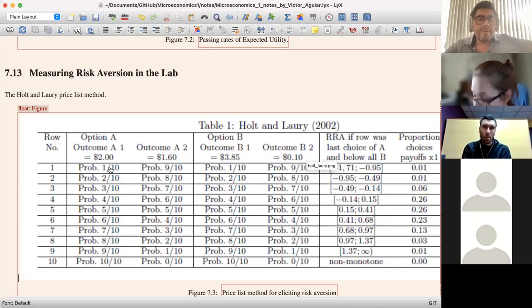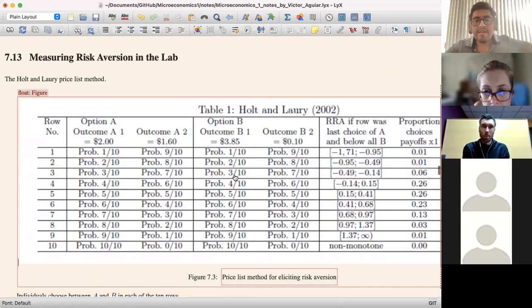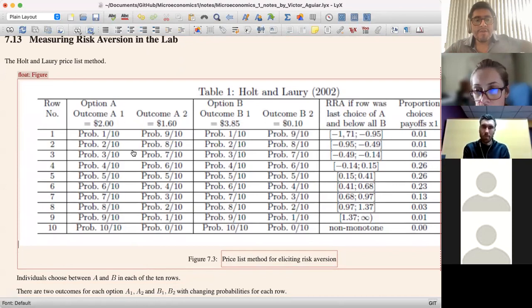Now, the first lottery gives you probability 1/10 of the $2 and probability 9/10 of the $1.60, and option B gives you with 1/10 the $3.85 and with 9/10 the 10 cents. What you keep doing is changing the probabilities, as you can see, putting the mass on the first prize and taking away from the second prize in the first column. And in the second column, you do essentially the same.